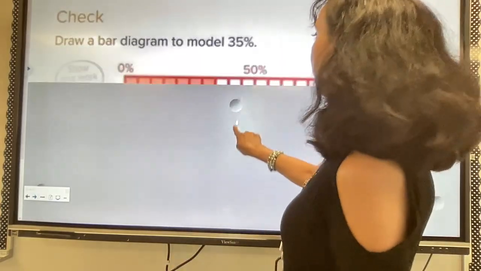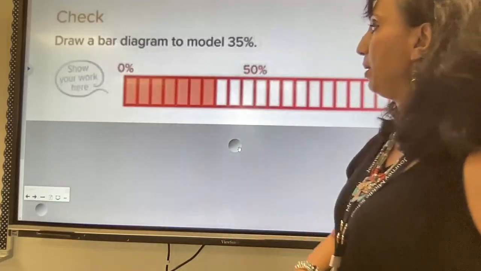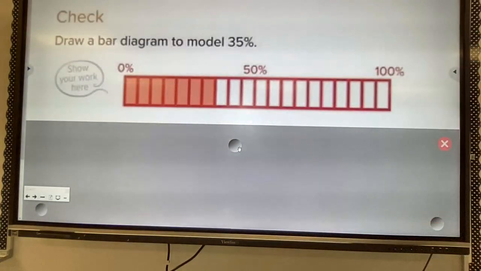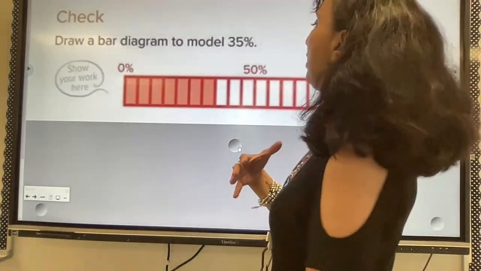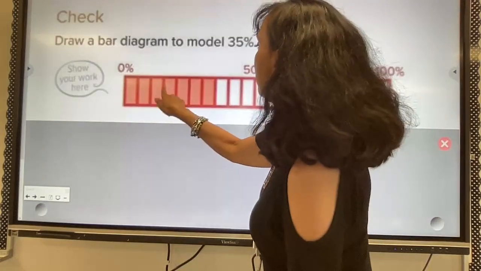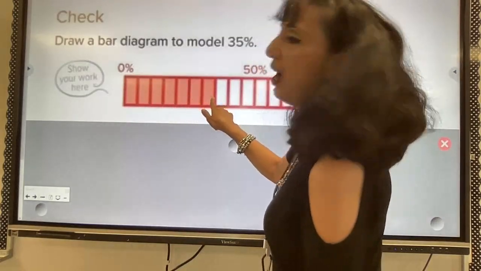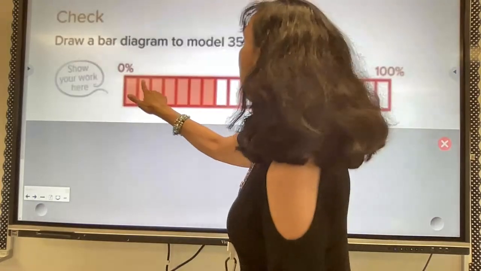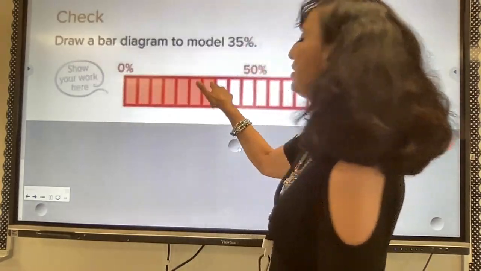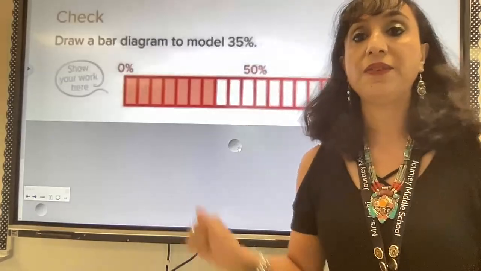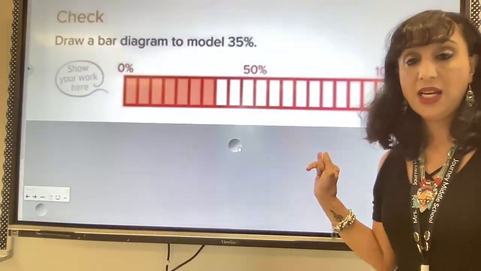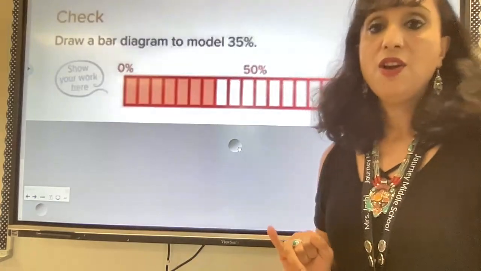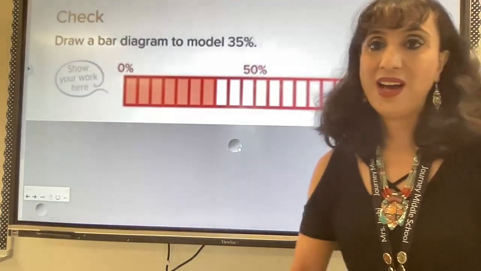Here we go. Break it into 20 parts. And then to model my 35%, how much do I need to shade? Look, 5, 10, 15, 20, 25, 30, 35. So 1, 2, 3, 4, 5, 6, 7 out of a total of 20 parts need to be shaded in for me to represent 35%.